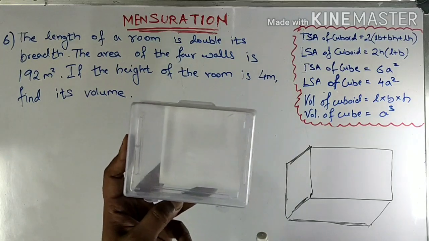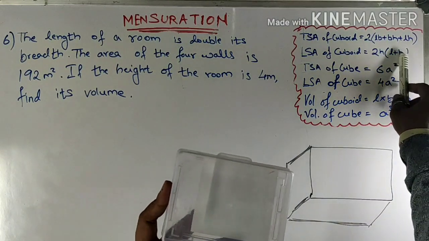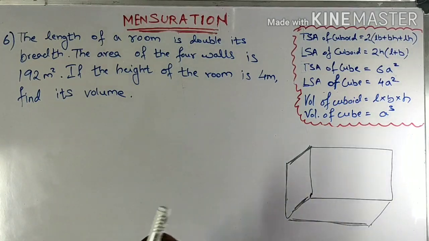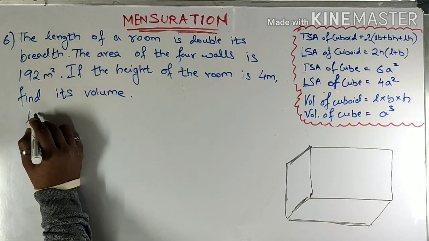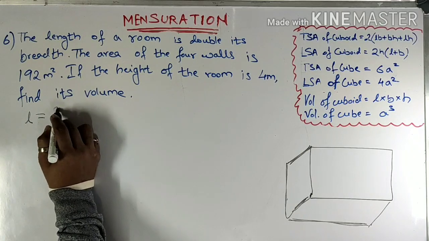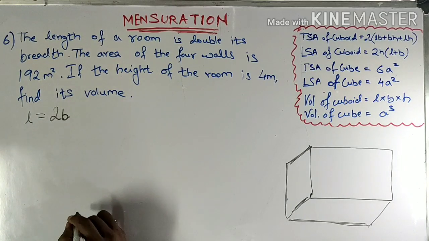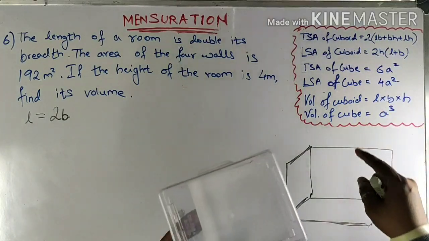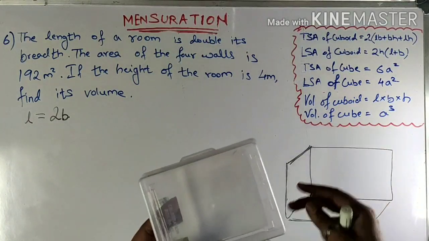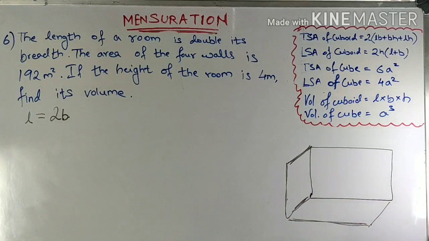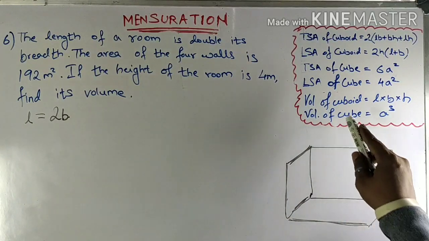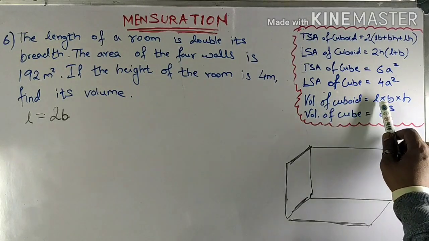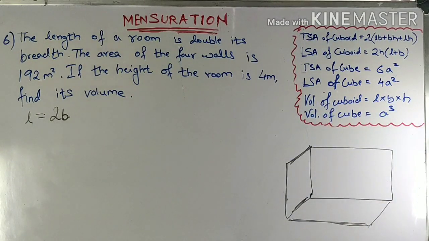So we will be finding length and breadth from the relation, that is length is equal to twice its breadth. Okay, and wherever length is given, I'll write twice its breadth. From that I'll be getting the values of length and breadth, and then we'll substitute in the formula for finding the volume of the cuboid, that is length into breadth into height.